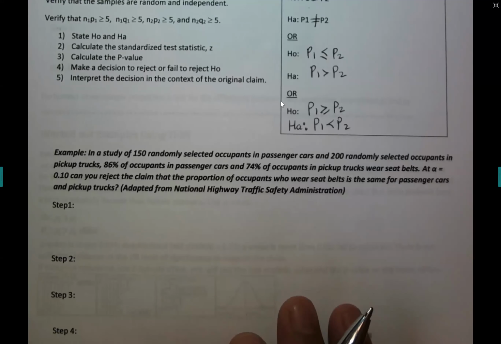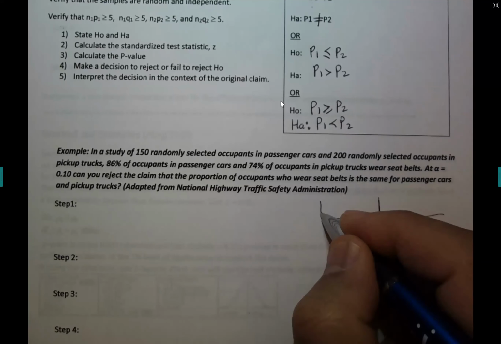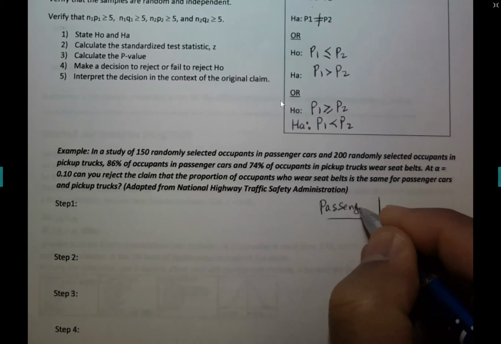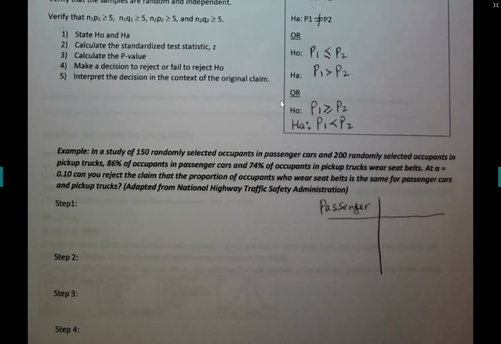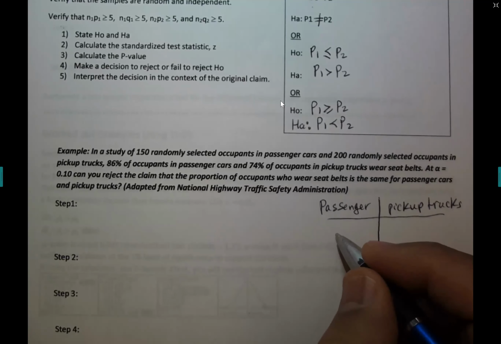In a study of 150 randomly selected occupants in passenger cars. So we have two sets here. Passenger cars and then pickup trucks. You talk about pickup trucks. So this is the sample size for passenger cars. Since I'm gonna have two sample sizes, this one must be called N1.